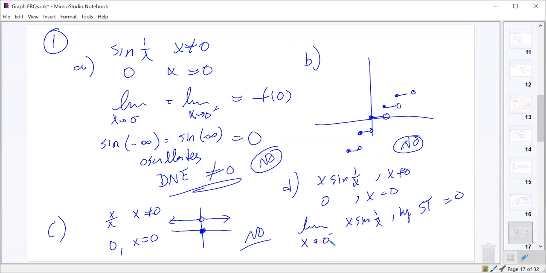That equals 0, as well as from the right and from the left this equals 0, which means the limit as x approaches 0 of this is 0, and that equals 0, which is what it equals at 0 according to this. And so we'll say yes, that one is continuous. And then just for E, which is x plus 1 over x, that one's got a vertical asymptote at x equals 0. So that one's definitely not continuous there.